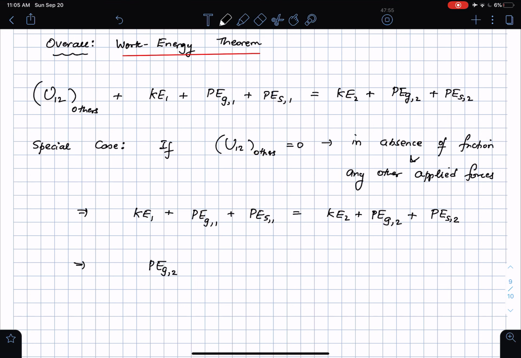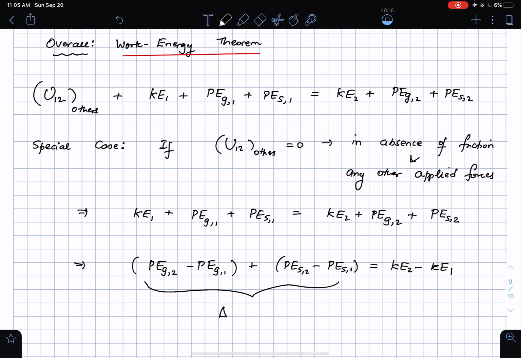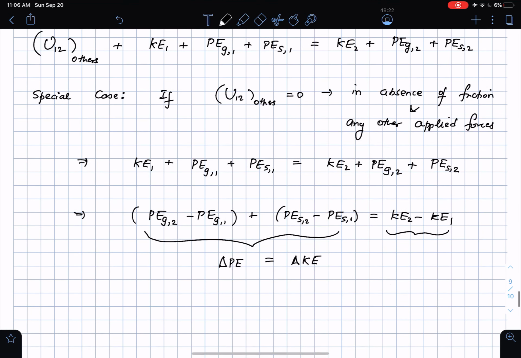If I rearrange it, this can essentially be written as PEG2 minus PEG1 plus PES2 minus PES1 is equal to KE2 minus KE1, or you can say that this entire thing is delta PE is equal to this entire thing, which you can call delta KE. So the change in potential energy is the same as the change in the kinetic energy.